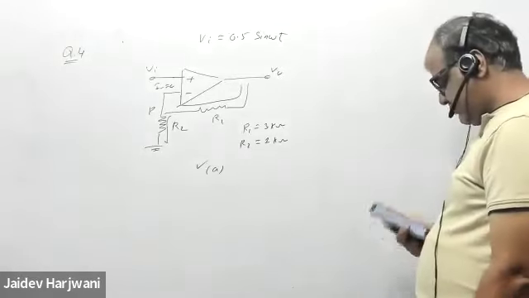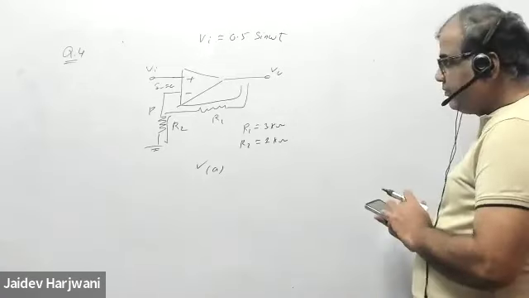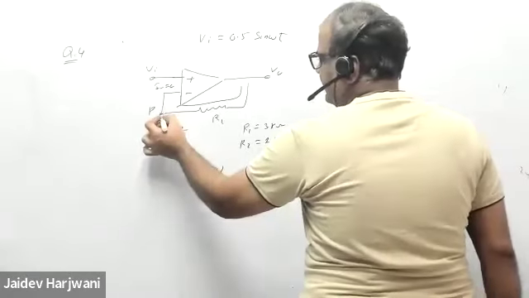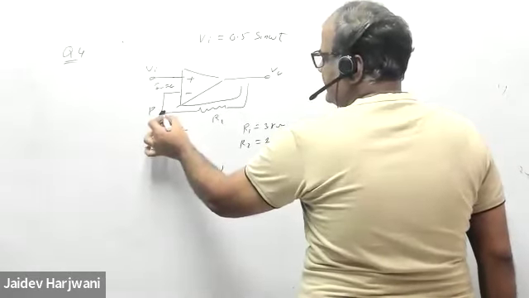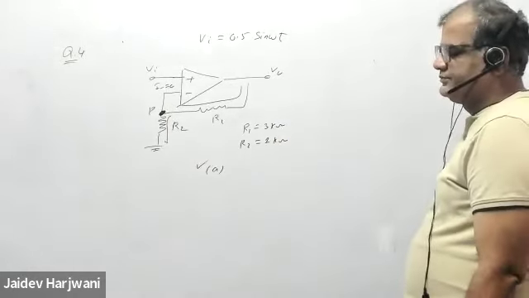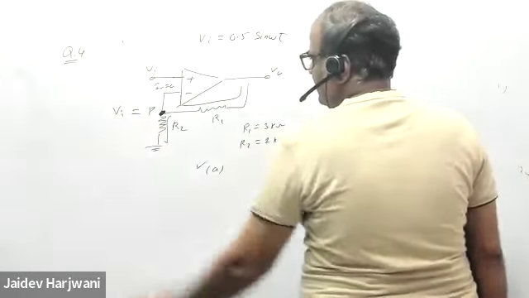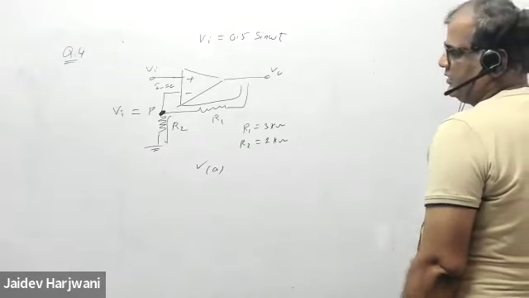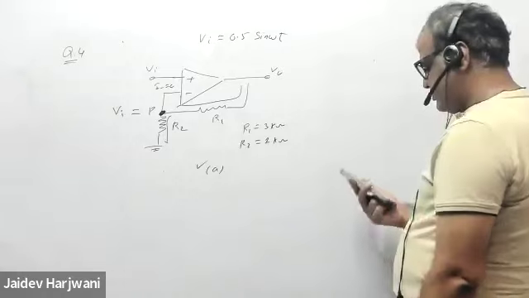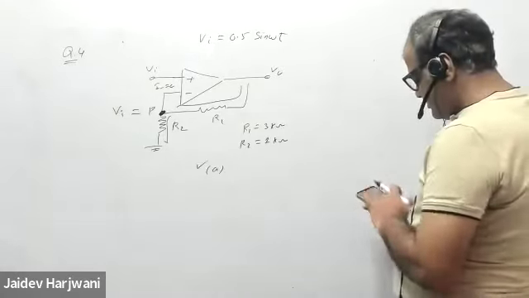Option B: the potential at P is V naught R2 by R1. What is the potential here? Can anyone tell me? V input, which is 0.5 sin omega t. And here the question says R2 by R1, but R2 is 1, so it is not correct.